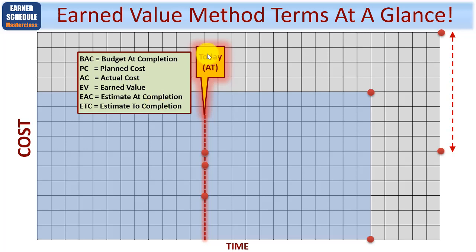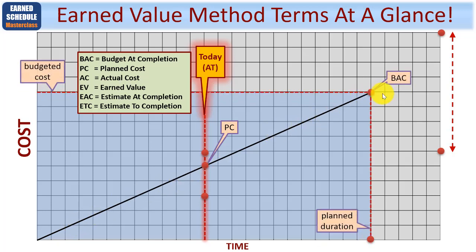I've started off by looking at today's date, that is today, or in terms of earned schedule, this is AT, in other words the actual time. So way back when you created your project plan, this is your planned value, or PC as I've called it here, and I've made it a nice simple linear cumulative line showing how the planned cost ends up at the end of the project as your budget at completion.